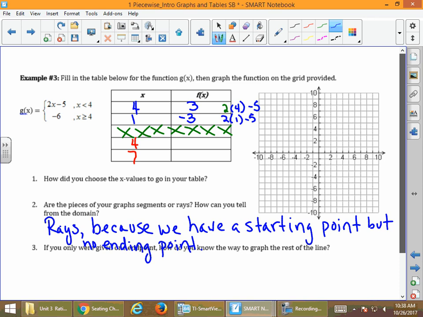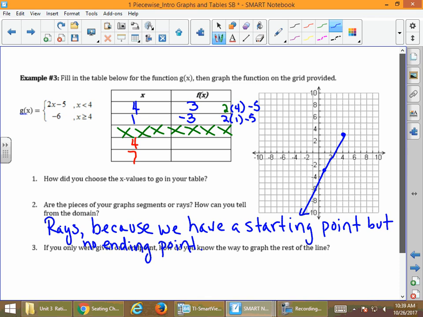Remember, in this particular graph, we're not going to stop. It's all the values in the domain that are less than 4. So we graph 4, 3, and then we graph 1, negative 3. And on this one, we're going to continue the graph because it's a ray.